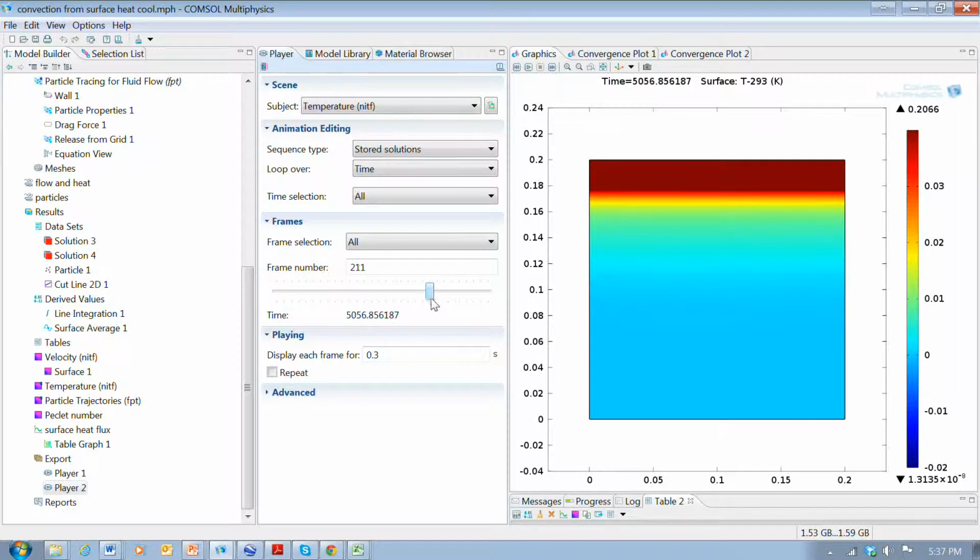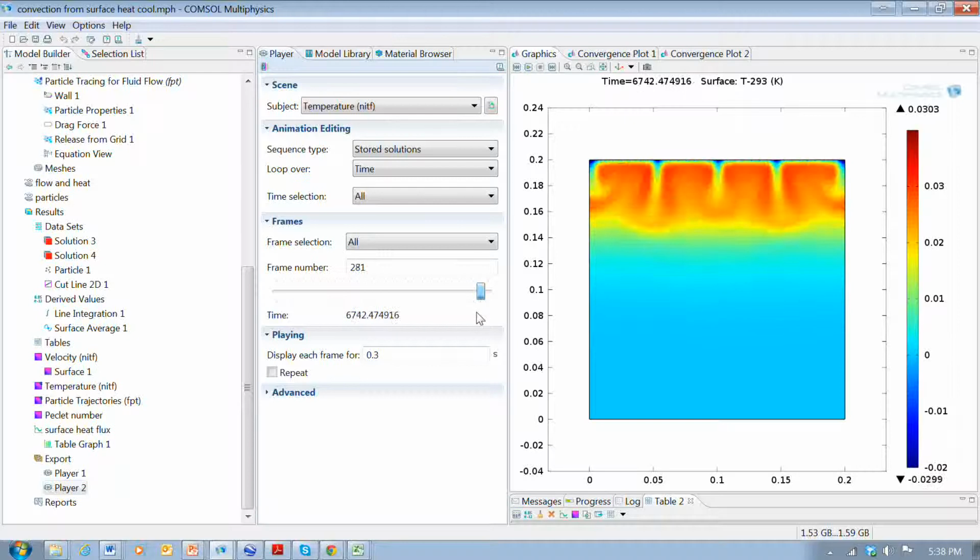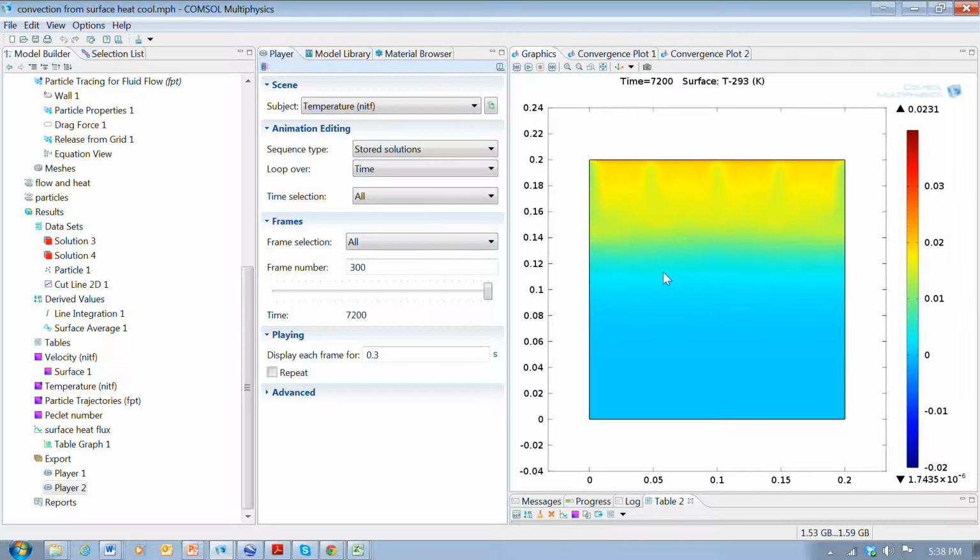Okay, so apparently what's happening here is that this heating cooling cycle causes a period of stable heating pretty much by conduction, and then during cooling it becomes unstable and mixes, and that cycle repeats itself.